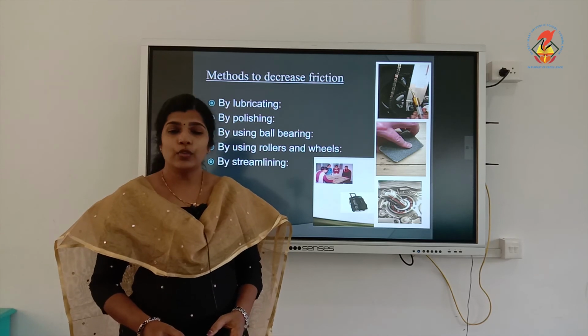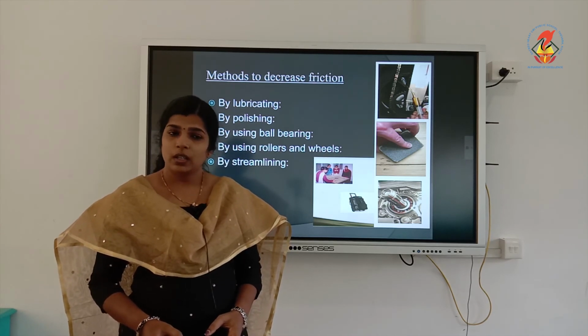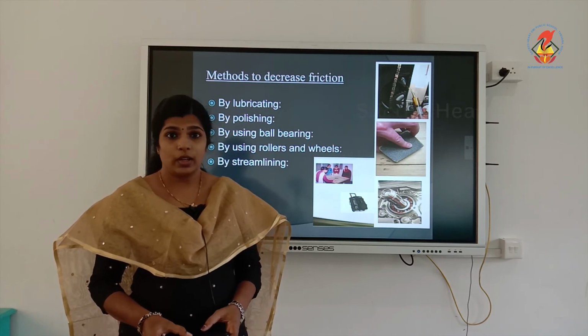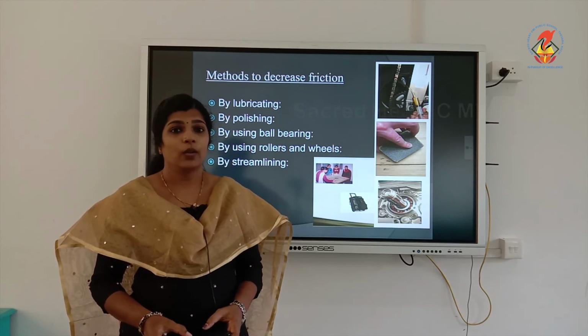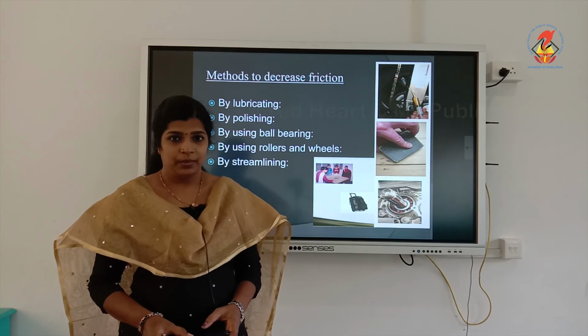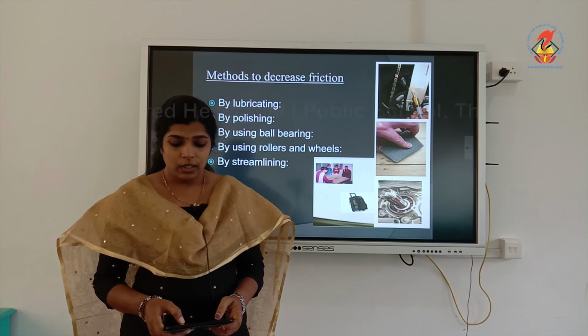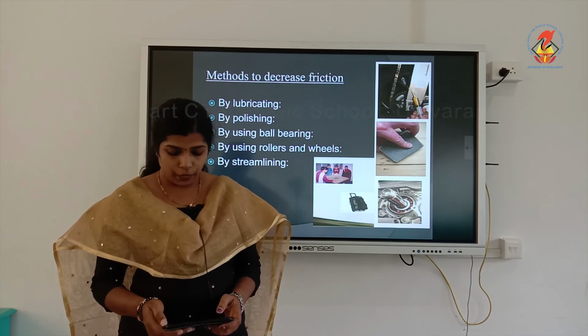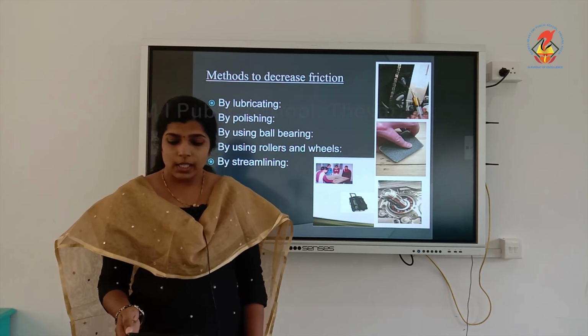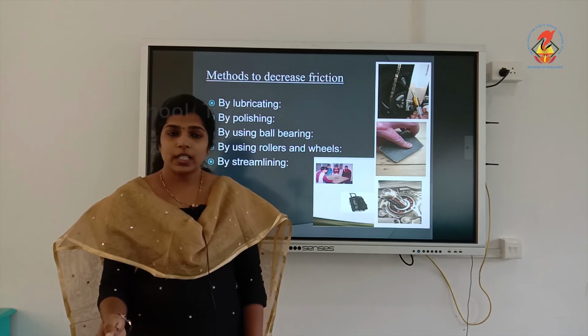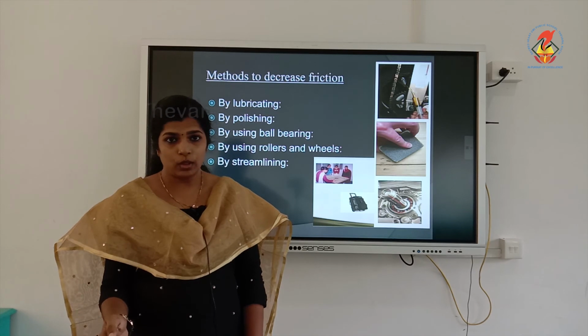Frictional force exerted by air is known as air friction, and that by water or liquids is known as viscous drag. So, streamlining reduces fluid friction. Fluids such as water and air also exert friction on objects moving through them.